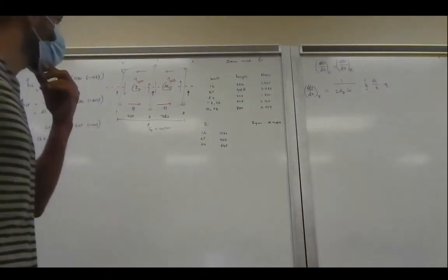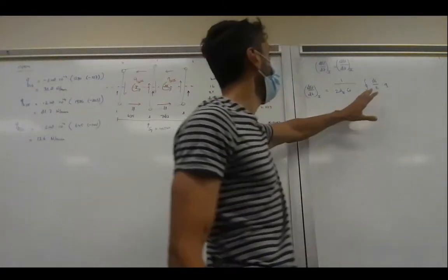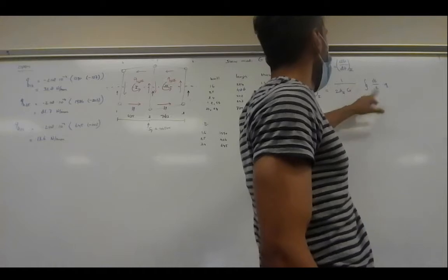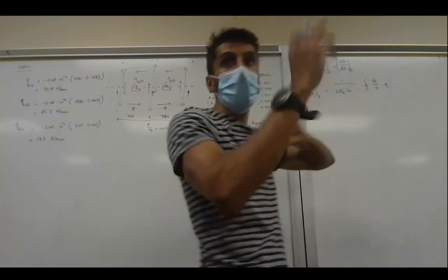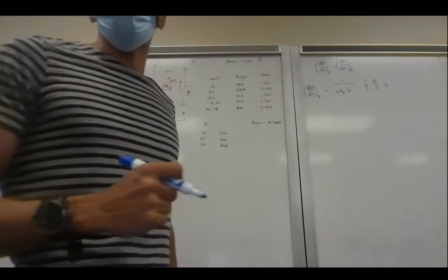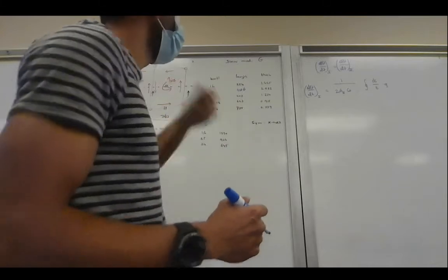In most of our previous examples, t was always a constant, so we could take it out of the integral and then we had q times s, which was the segment the shear flow acts upon. But in this case, t is different.